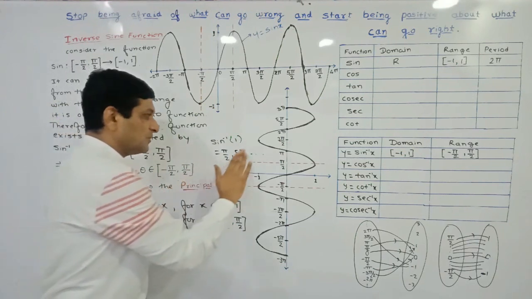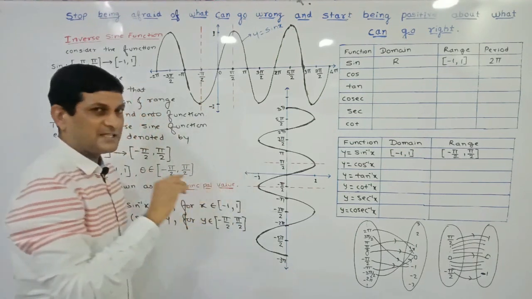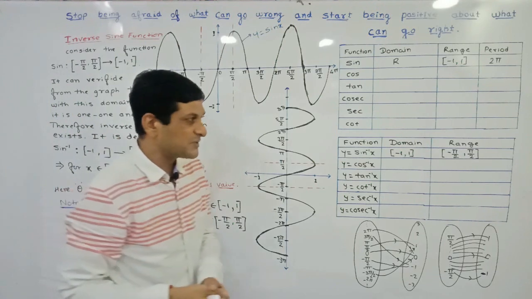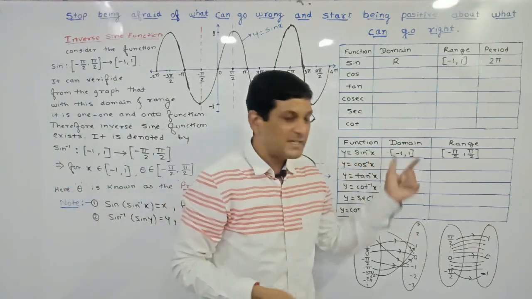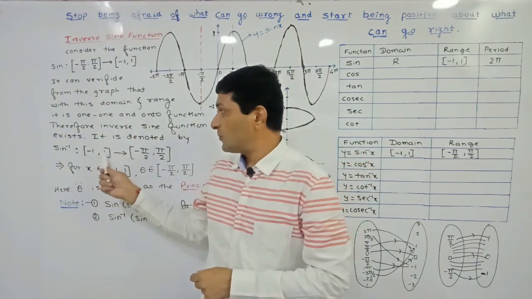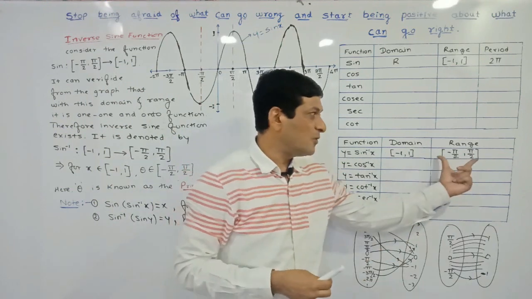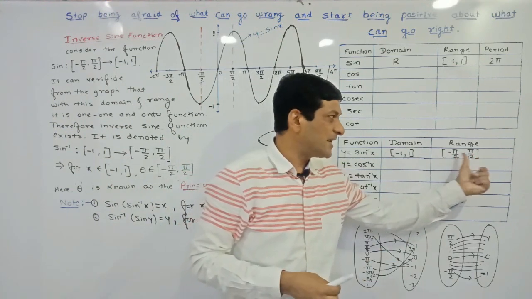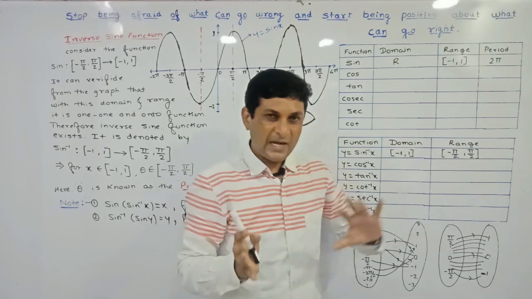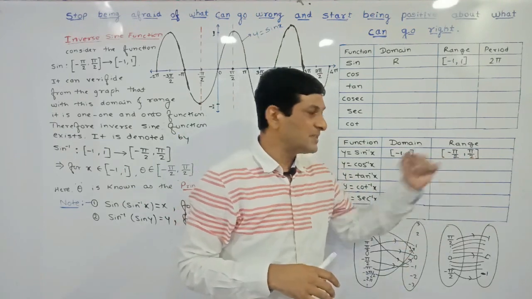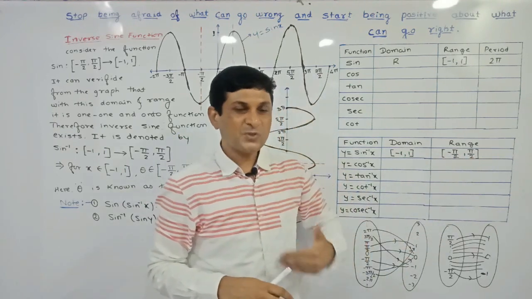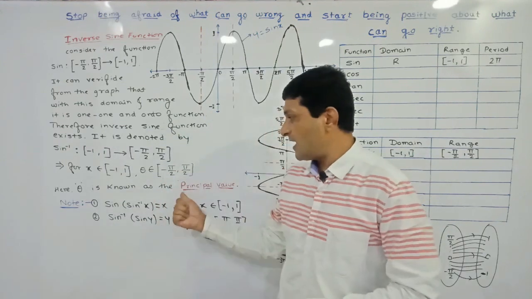Getting it? So these are some ideas about sine inverse of x. What we have seen, its domain set is what? Minus 1 to plus 1, and its principal value or range is in between what? Minus pi by 2 to plus pi by 2, and if theta takes the values in this interval, at that time such values of theta are called as what?